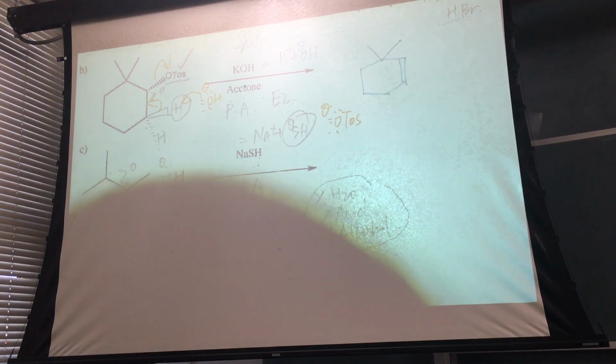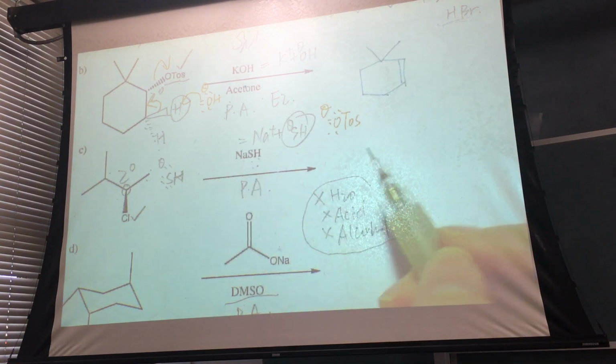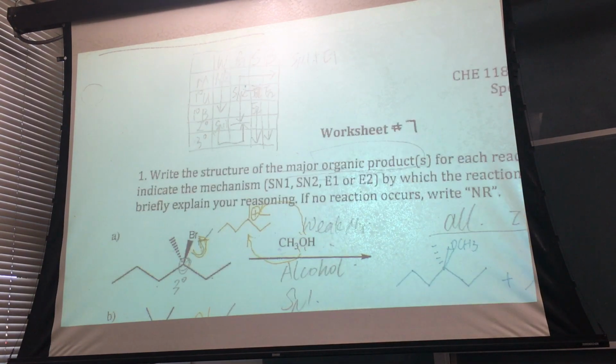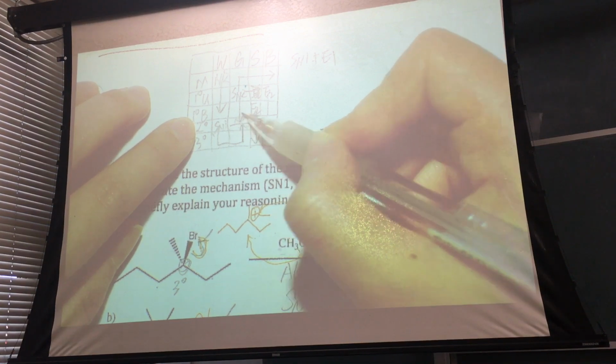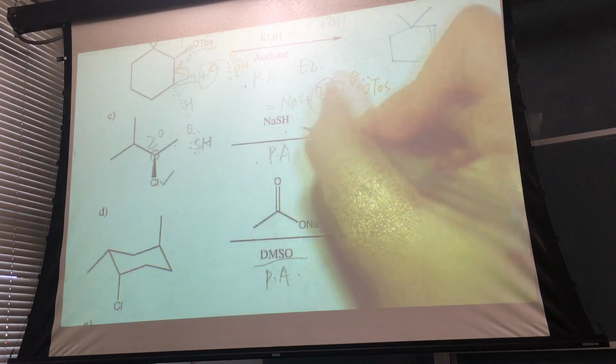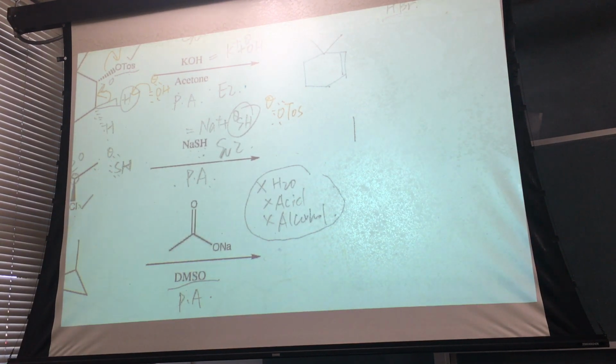Where did I stop? Oh, here. So this is a good nucleophile, and the substrate is secondary with a polar aprotic solvent on my table. Good nucleophile, so it's SN2, and you're only going to have one product. Oh, the green pen. Okay, it's going to look like this.